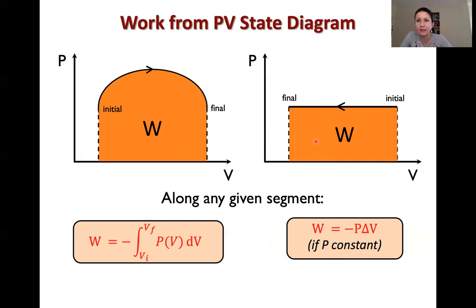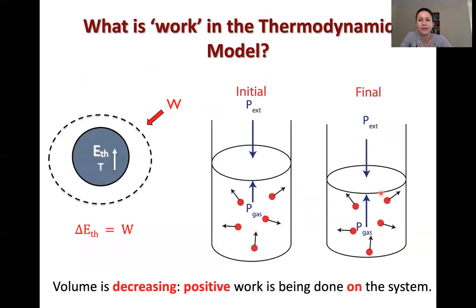But we're going to look at various types of processes next. Let's try to make a little bit of sense of this, and look at the simpler case just because it's easier to think about. So what does this tell us? It tells us if the volume change is bigger, the work is bigger, and that makes sense.